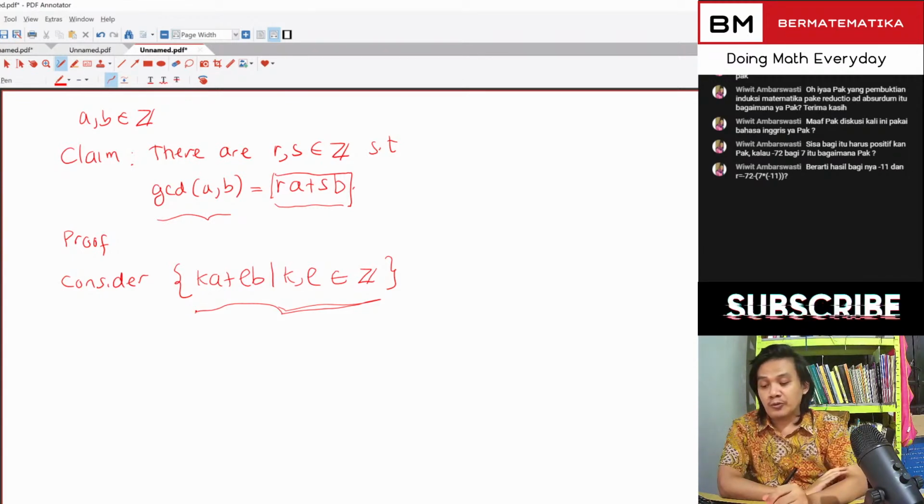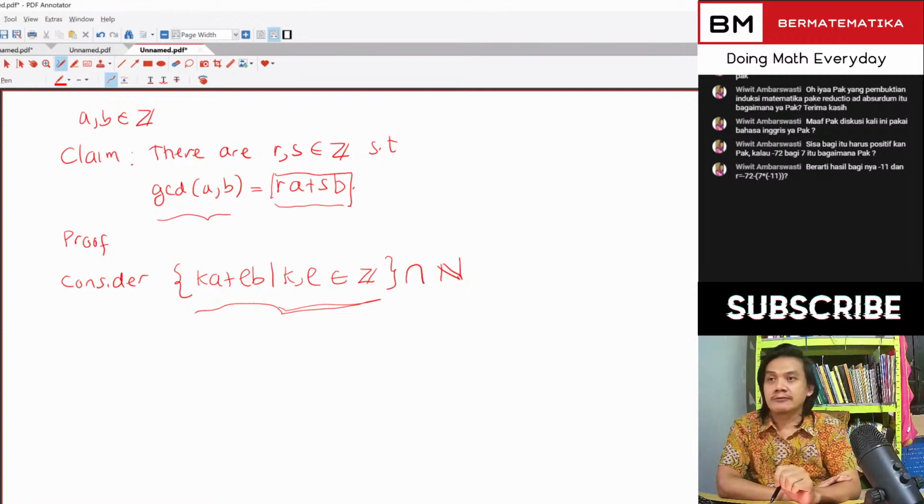So to show that it exists, let us intersect this set with the set of natural numbers, right? So basically this is saying that we look at all the KA plus LB which are positive. How do we know that this set is non-empty? Let's call this S, right?